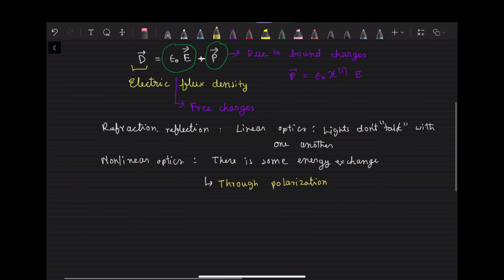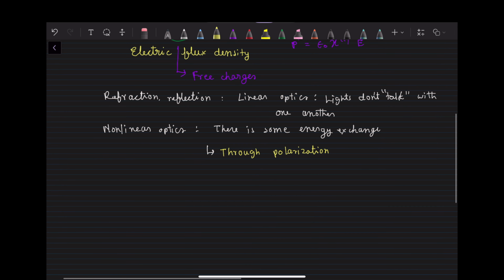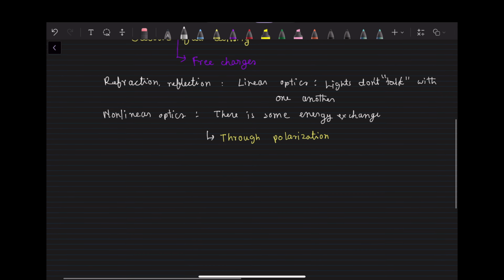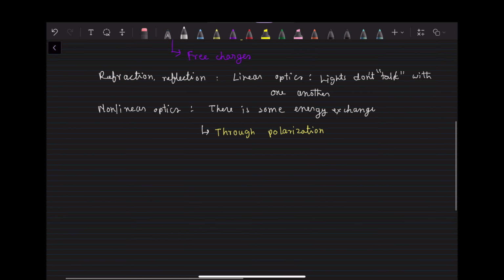So we just deviated a little bit from Maxwell's equations, so let's get back to them one by one. The first one is Gauss's law.